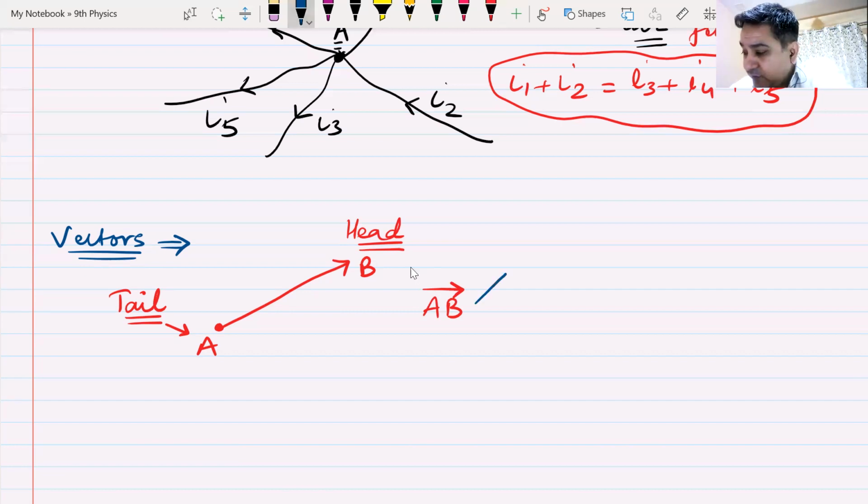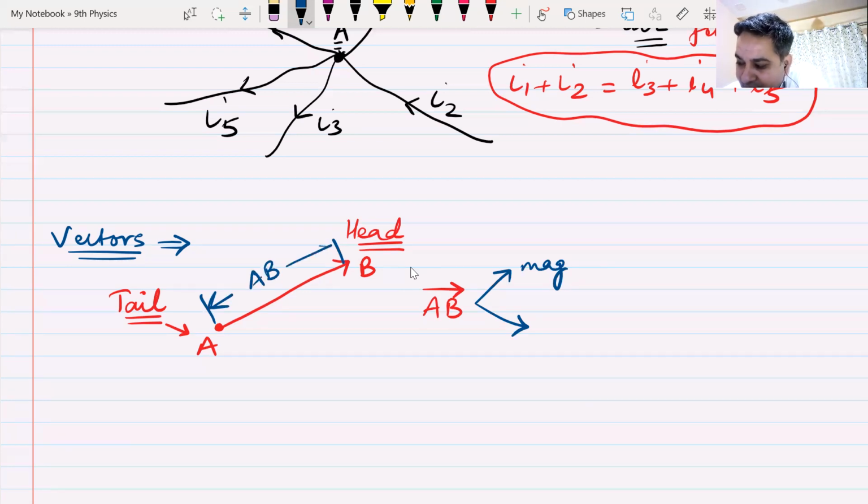Now this vector should have two things. It should have a magnitude, it should have a direction. Now the magnitude of the vector is the length of this line. And the length of this line is simply AB. Do we understand this? So the magnitude of this vector is the length of the straight line AB, not a different line.